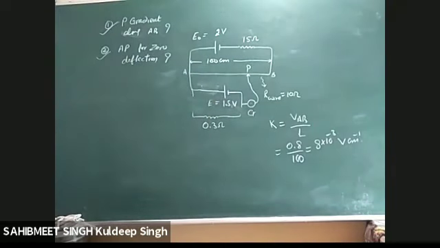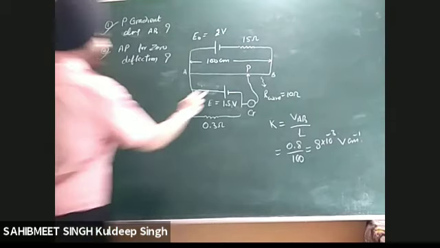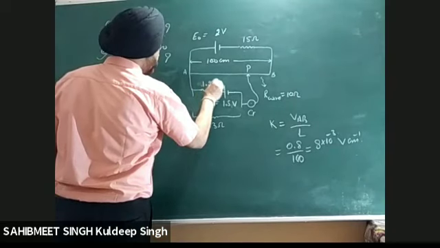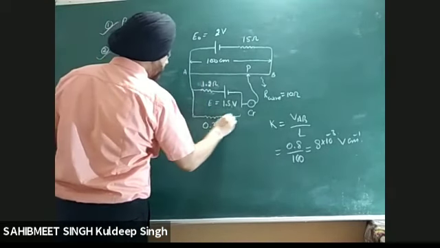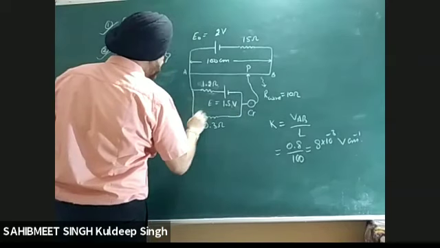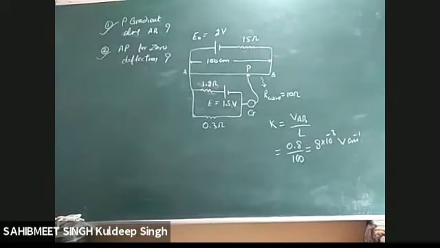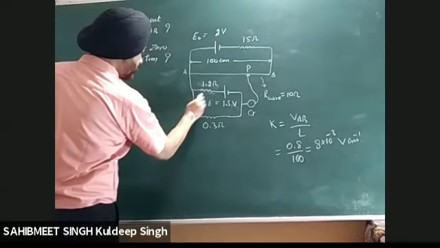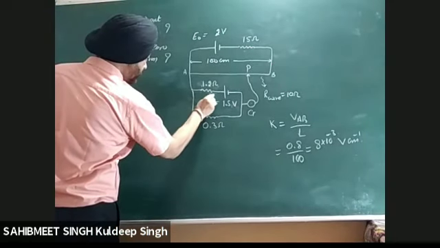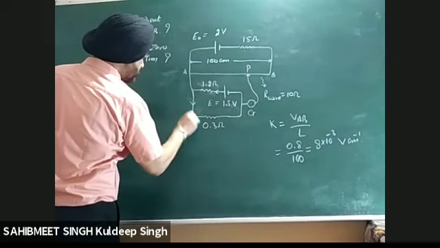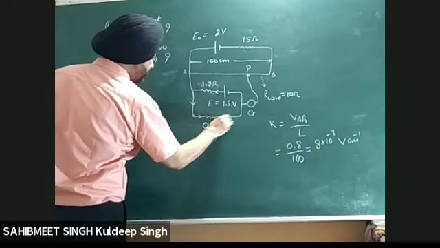Very simple. But now, you have to think a little, because there is a resistance of 0.3 ohm, and here we have connected it. Now, how is it different from the previous case? Now, because of this circuit, some current will flow through this circuit.